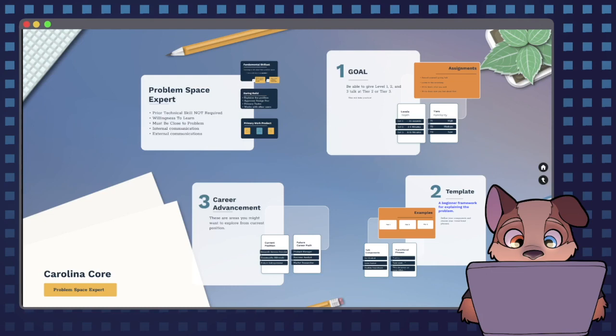All right. So what we'll be doing today is a broad overview of the problem space expert. We'll talk about the goals that this role has before they get to the build step. We will lay out a template to help them accomplish that goal.